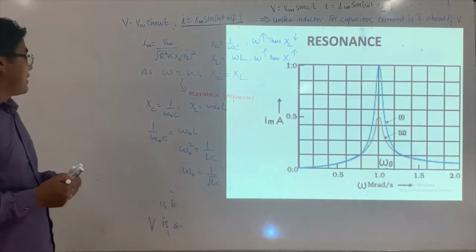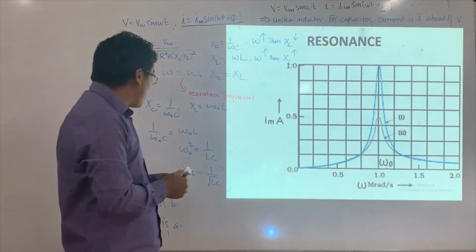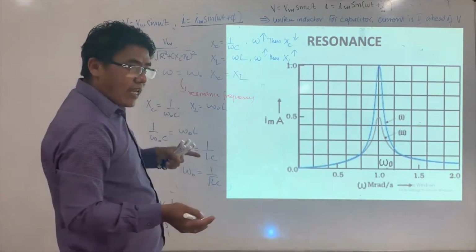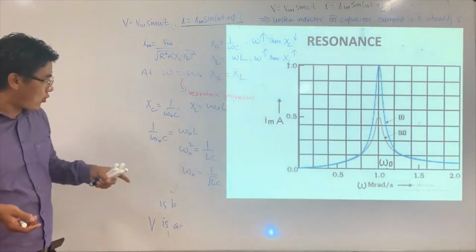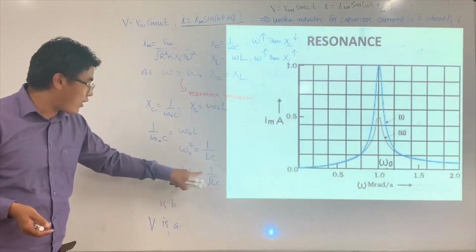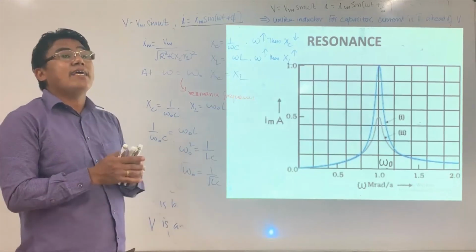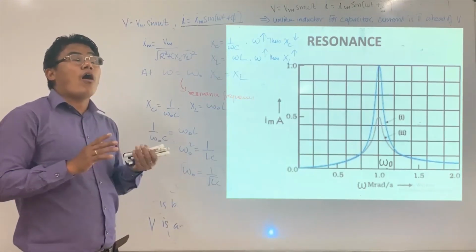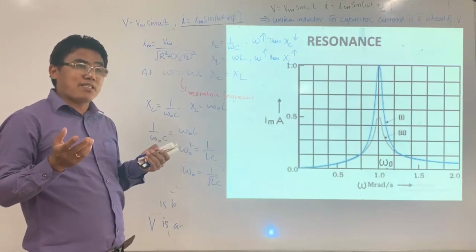The value of omega naught is 1 by root of LC, determined by the properties of inductors and capacitors.